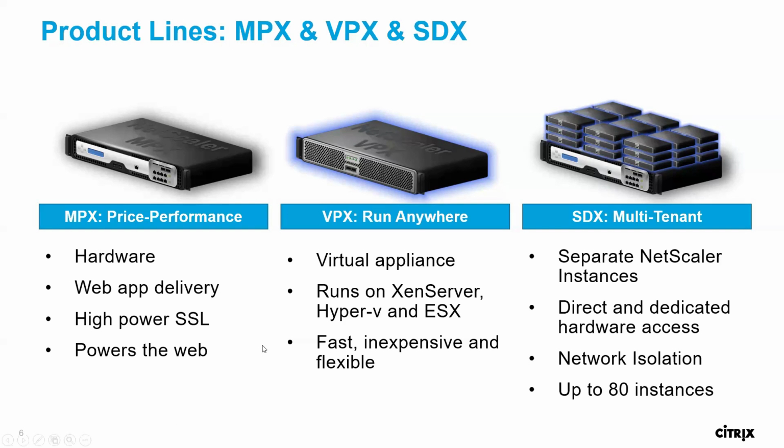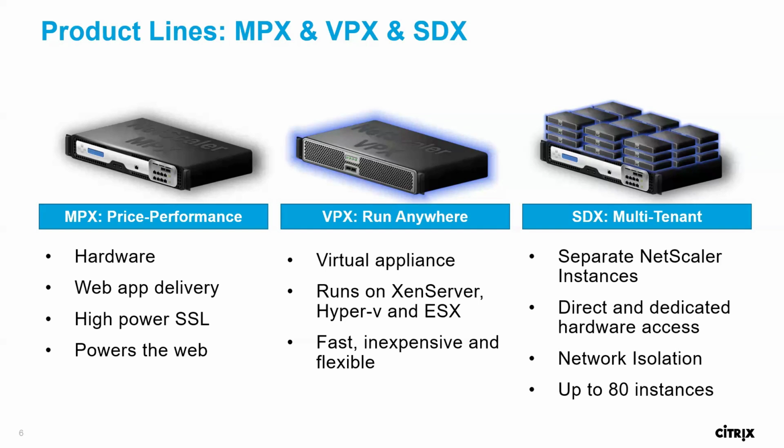These are separate Netscaler instances on direct and dedicated hardware. We can configure NICs and bandwidth for these appliances because we can provide direct and dedicated hardware access. We can do network isolation. For example, if you have 24 NICs, 12 NICs, each NIC we can assign to one virtual appliance.